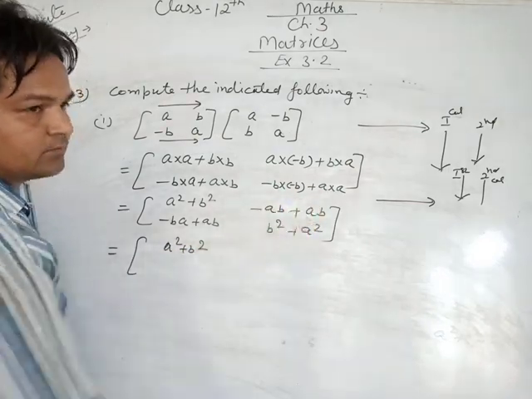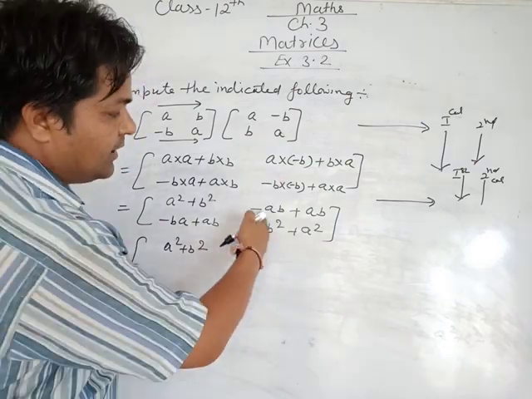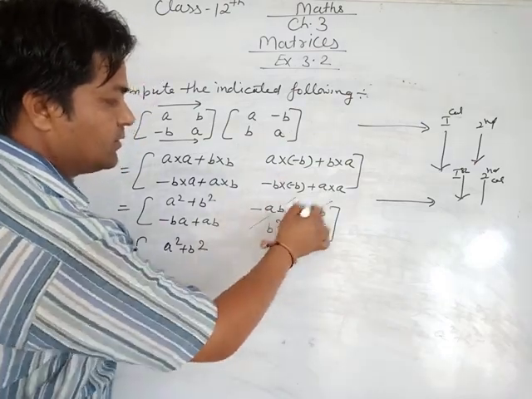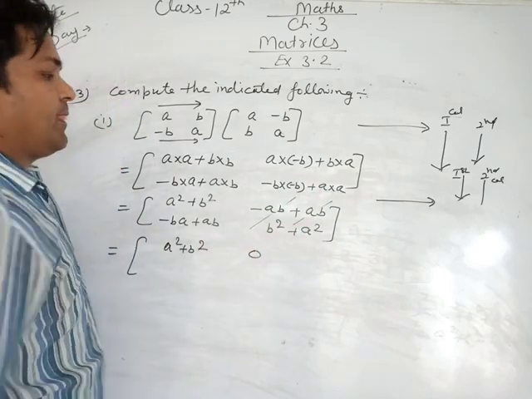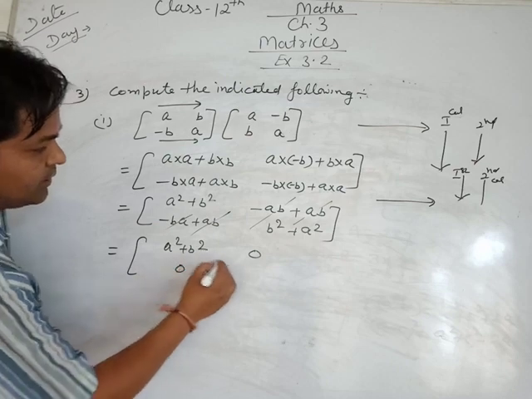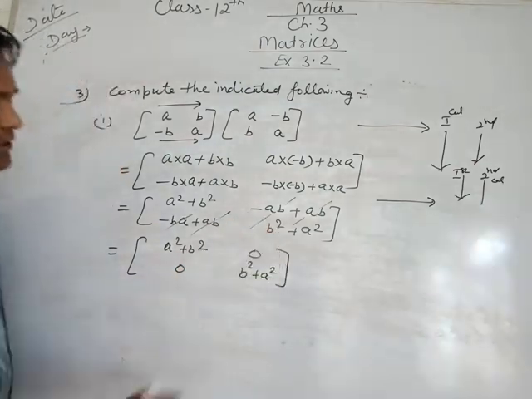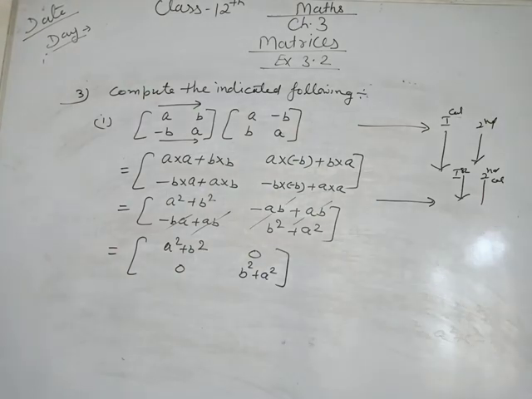Both are the same elements with opposite signs, so here it is 0. Similarly, 0 and B square plus A square is the answer of this part.